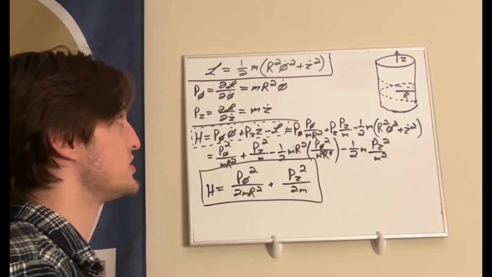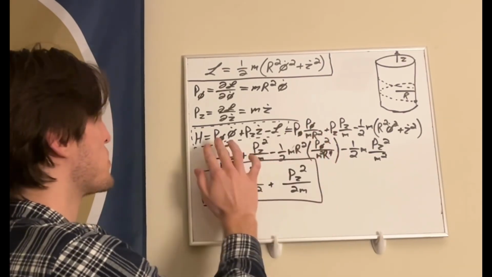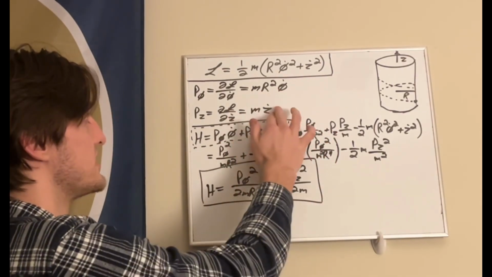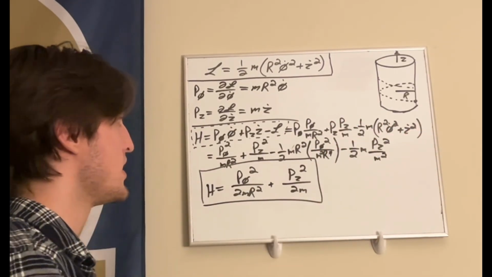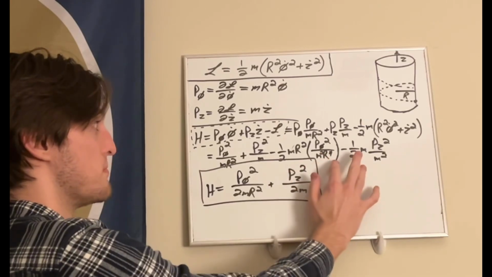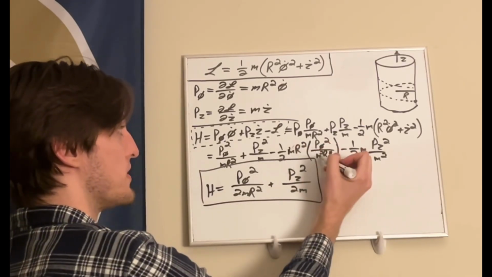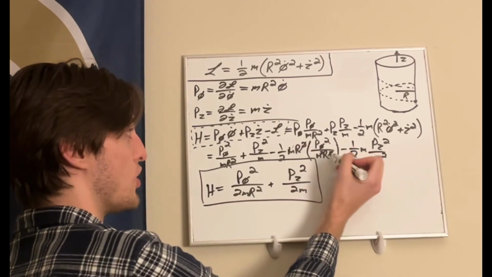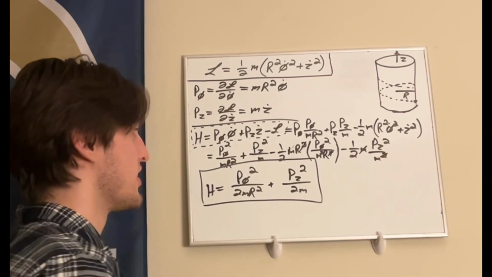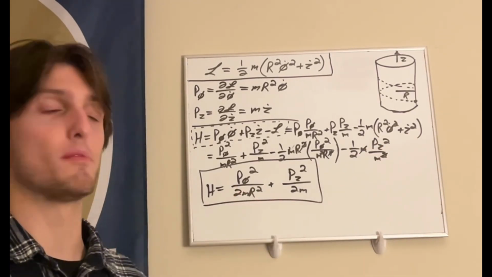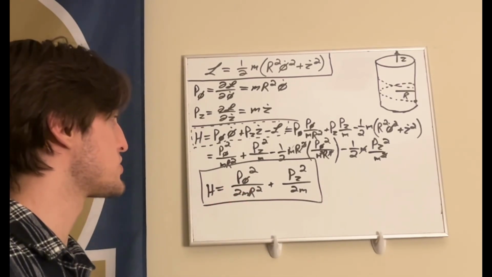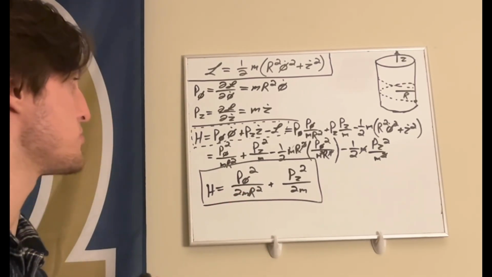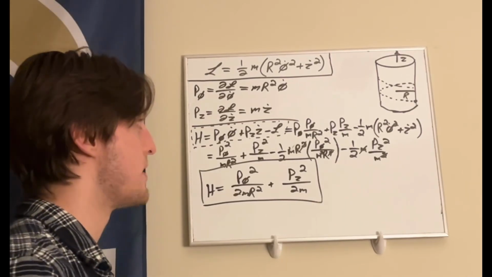So that's why we found the Lagrangian. We're going to cleverly write these two things in terms of their momenta, and then subtract the Lagrangian. We distribute this out. Some of the m's and r's are going to cancel, and we get a final expression for the Hamiltonian that is momentum in the phi direction squared over 2mr squared plus momentum in the z direction squared over 2m.